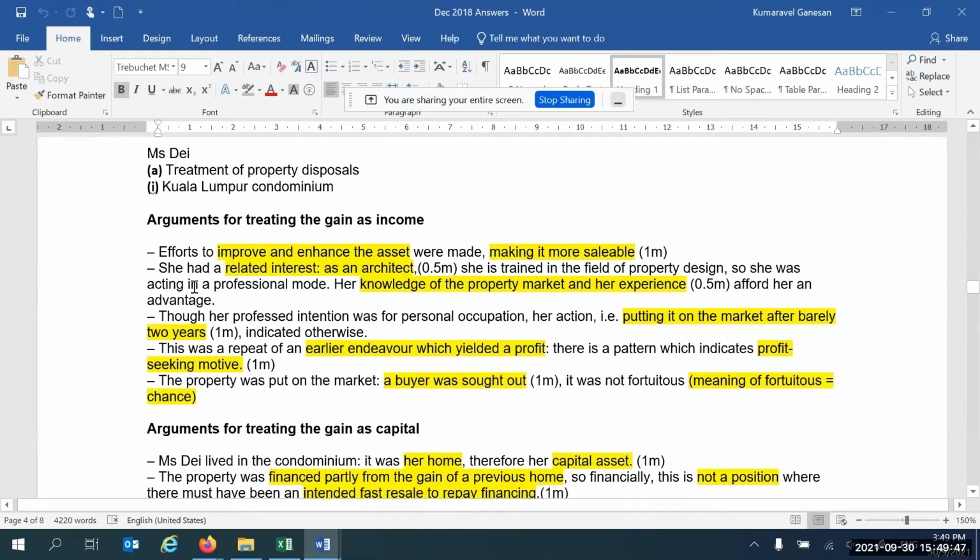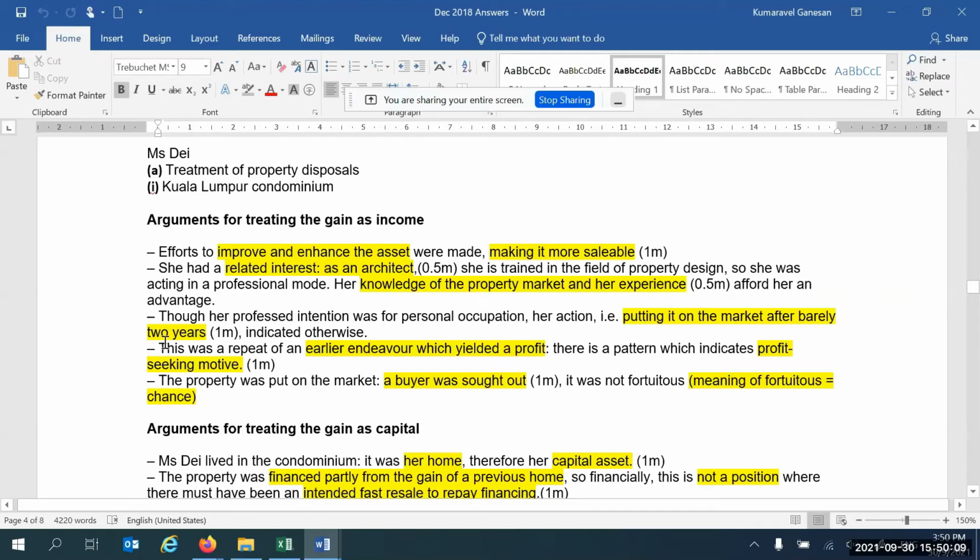Now, some of these points are quite hard to find. First one, we found it. Second one, we found it. You see, they elaborate. So don't just simply write the title without elaborating.